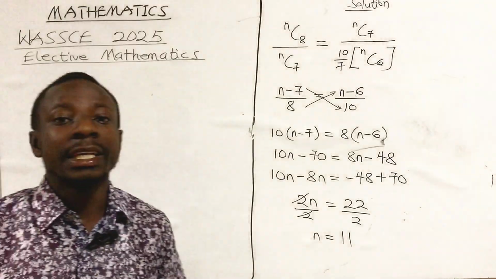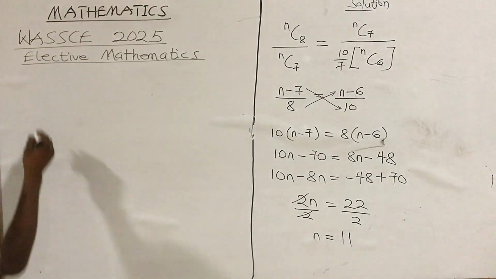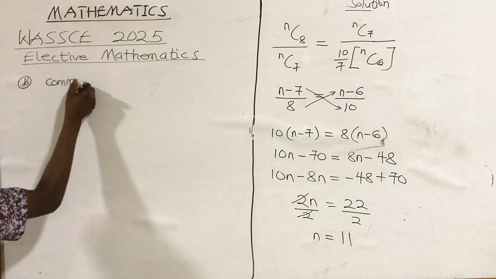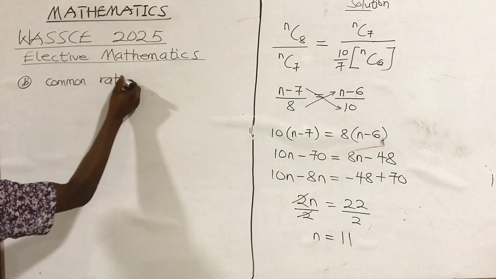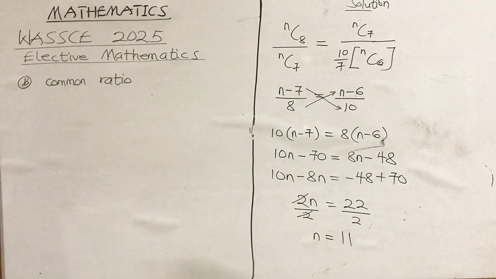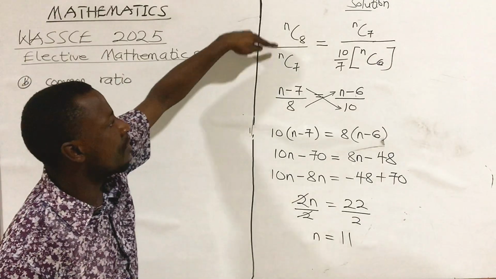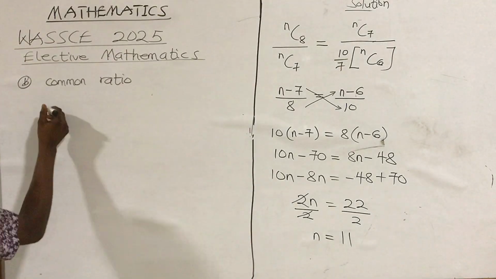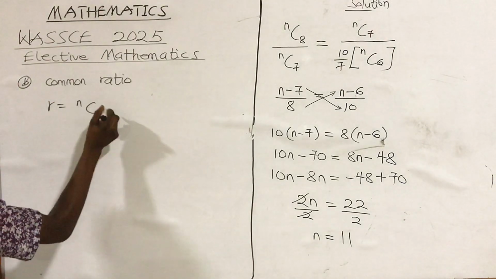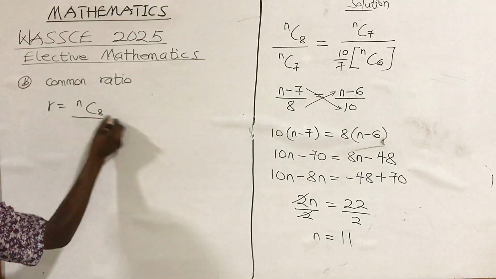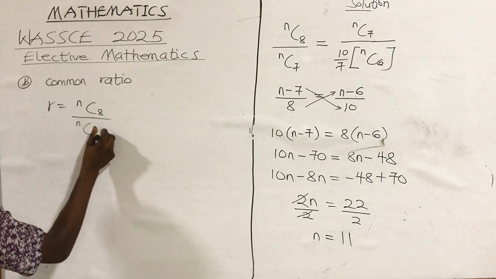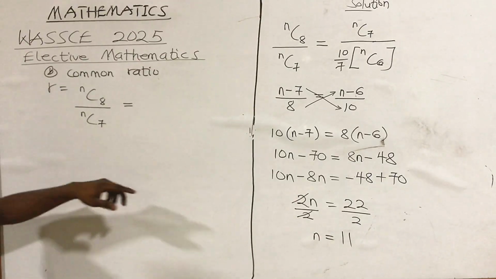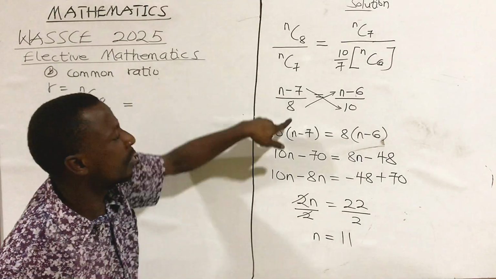Now, when you check, the B part of the question said we should find the common ratio. And we know that this over this can be used to find the common ratio. So r is equal to n combination 8 all over n combination 7. And after evaluating this, we had (n minus 7) over 8.